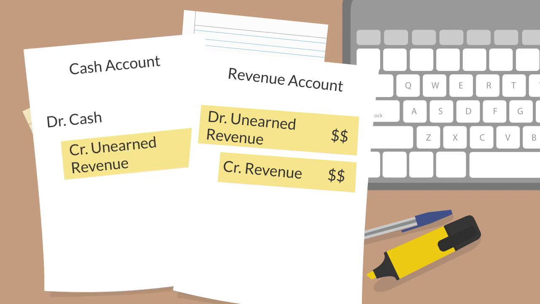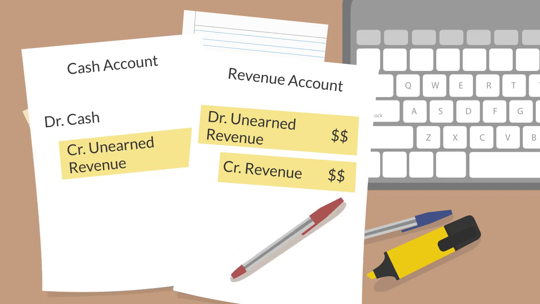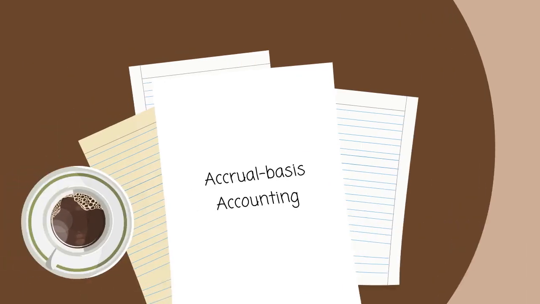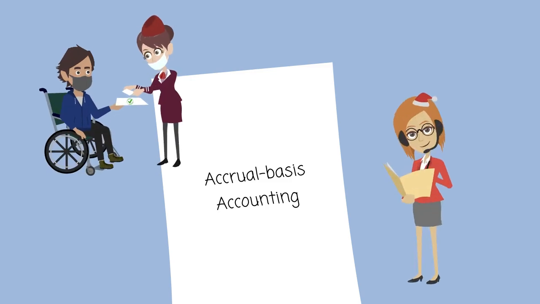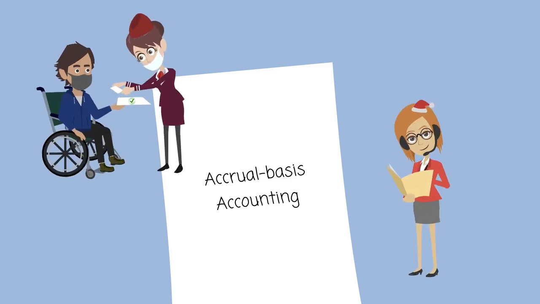Note that after the adjusting entry is made, the net effect is a debit to the cash account and a credit to the revenue account. Why couldn't we have just done this in one entry? Well, remembering back to the definition of accrual basis accounting, companies must record transactions when they occur.